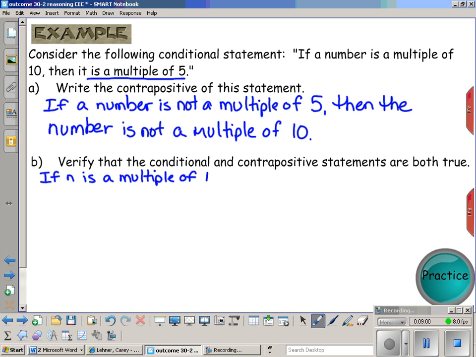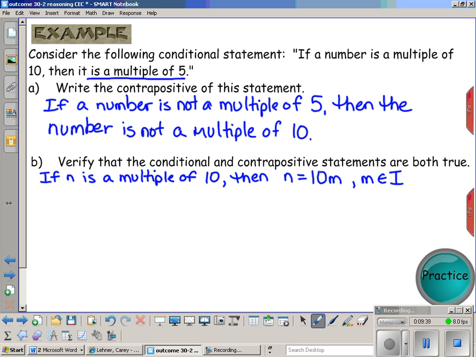If any number n is a multiple of 10, then this number can be equal to 10 times m when m is an integer. So basically, take any integer you want. Let's say we have the number 5. If we multiply that by 10, we get 50. n is a multiple of 10. Let's say we choose -3 for our m. That's an integer. -3 times 10 is -30. -30 is a multiple of 10.